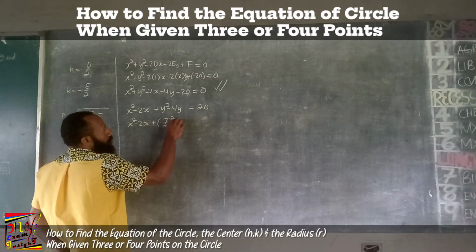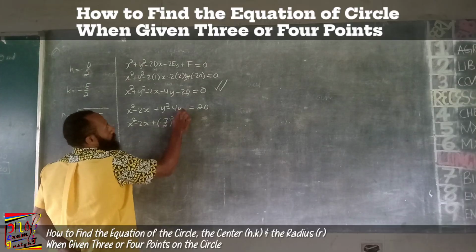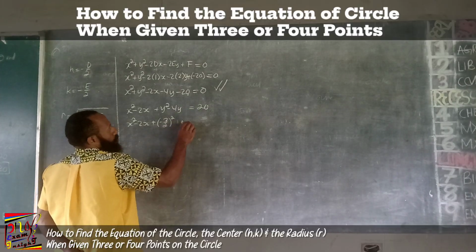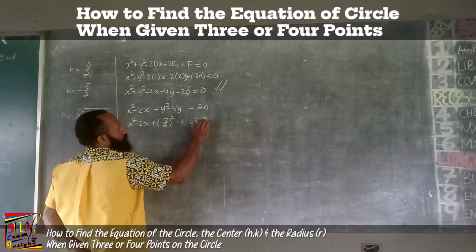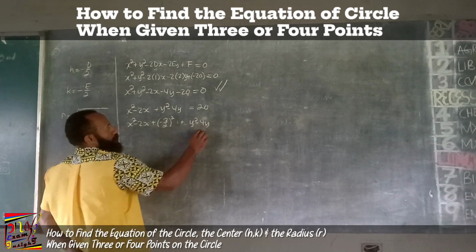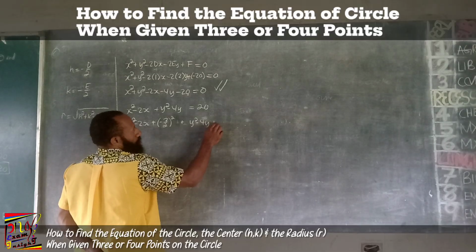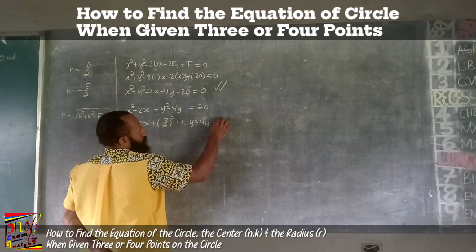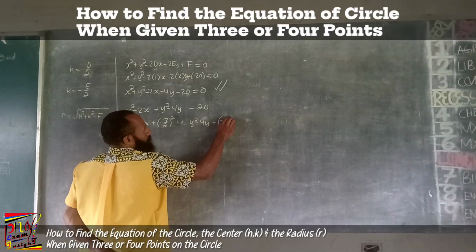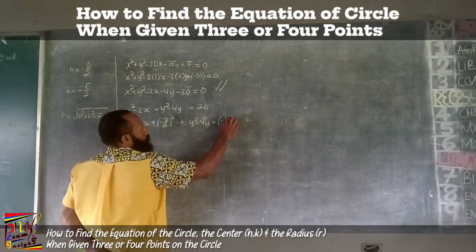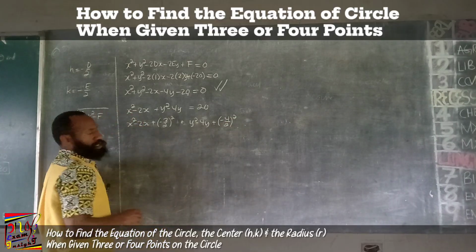Alright, now let's move on to y. We have y squared minus 4y. We take half the coefficient now, plus minus 4 on 2 squared.